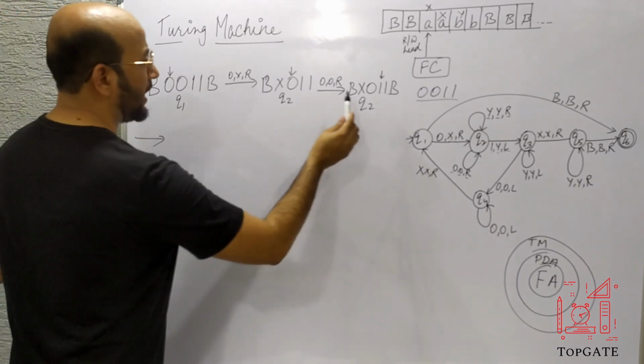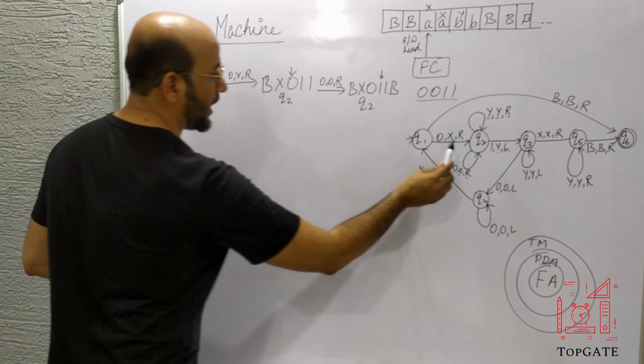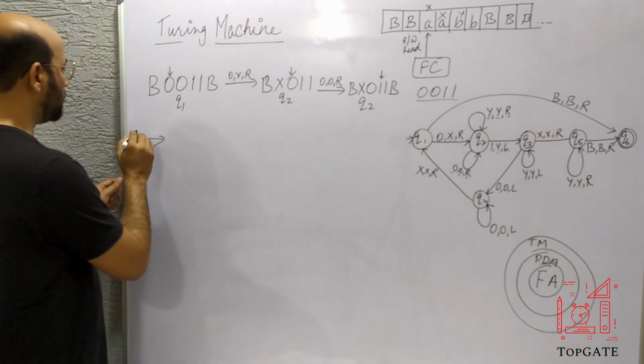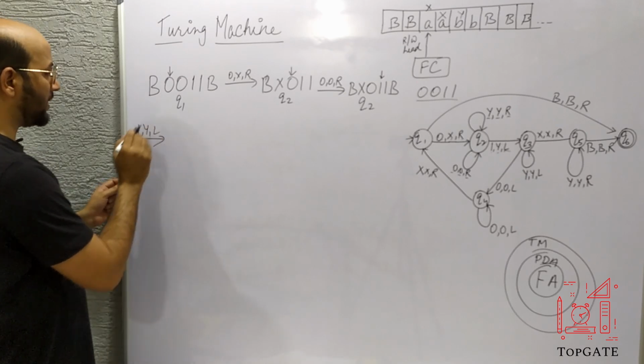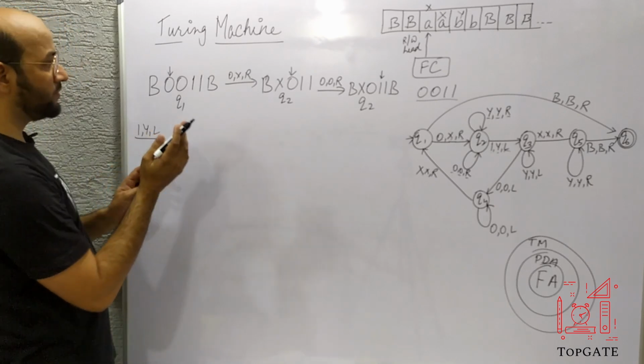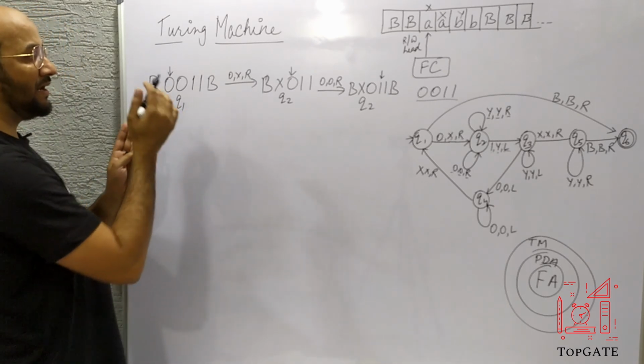At Q2 the input is 1, so we have this transition 1 comma Y comma L. It is saying that we have to change this 1 to Y, and the read write head will now point to the left part of the string.